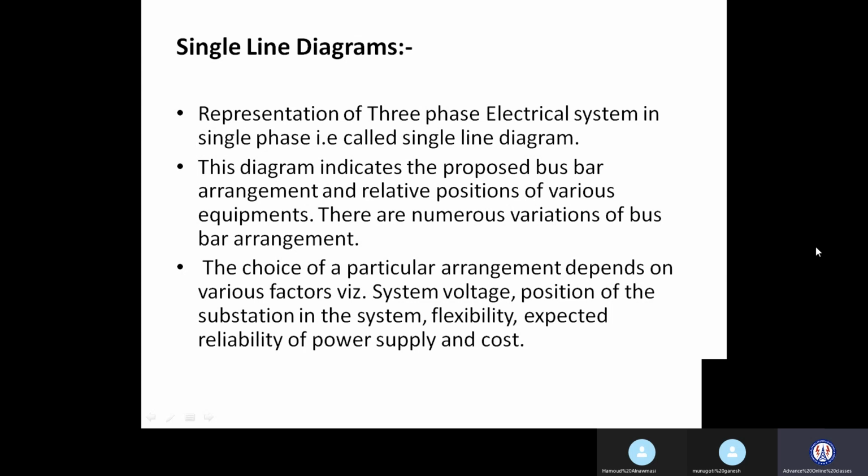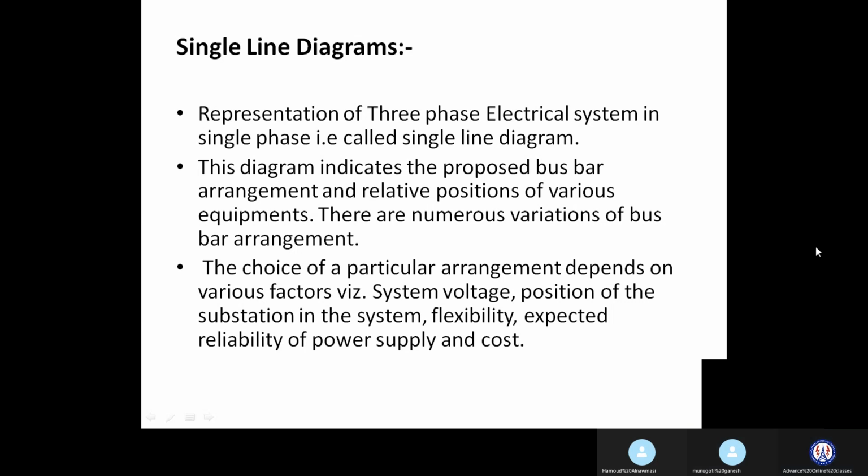Understand, Hamid and Ganesh, what a single line diagram is? It gives a clear picture of your electrical system, and once you see it, you have a clear idea of how your system is going to perform.